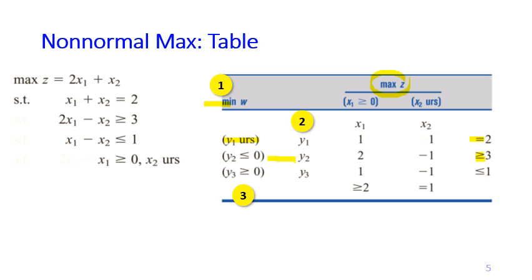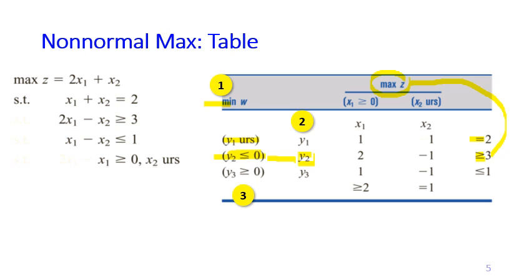A variable is not normal if it has the sign restriction of less than or equal to 0. Let me repeat. The second constraint in the primal is not normal because the sign is greater than or equal to. As a result, the corresponding dual variable y2 is also a non-normal variable. A non-normal variable looks like this. The sign restriction is less than or equal to 0.